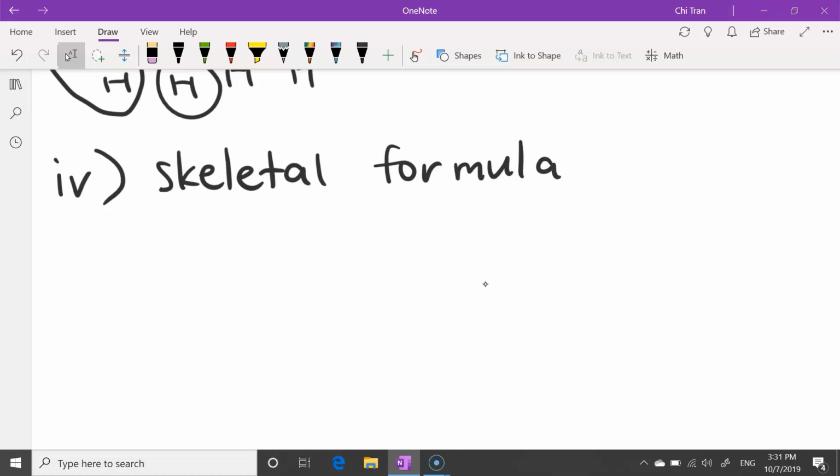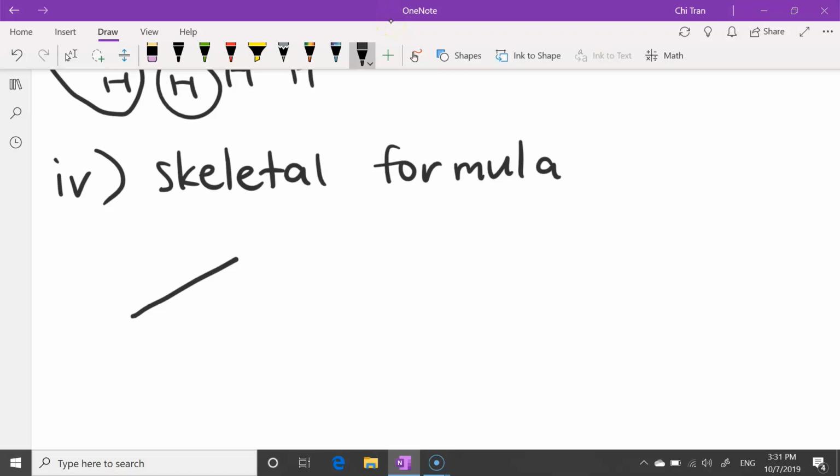Finally is the skeletal formula. And so if we draw a line, each of the ends represent a carbon. And so it's assumed that the carbon is then bonded to hydrogens. And so in this formula, you don't need to write out any of those things.